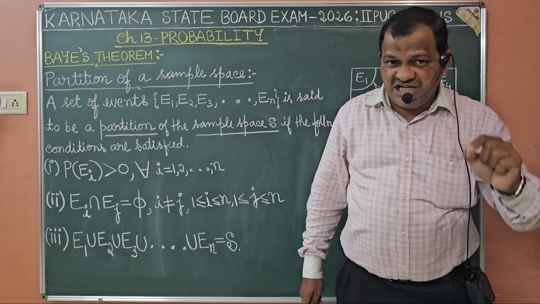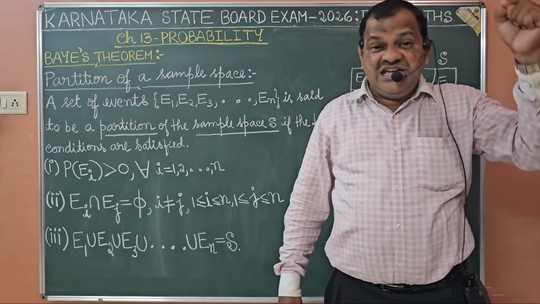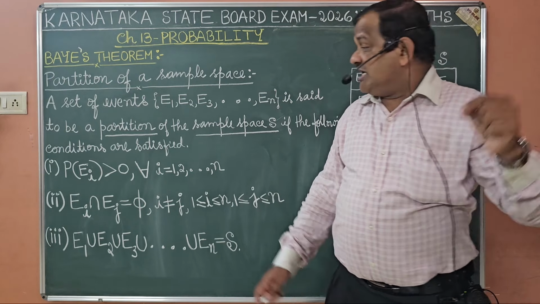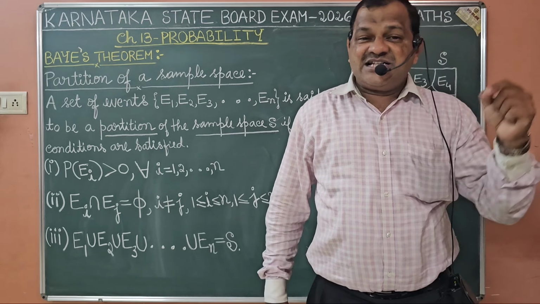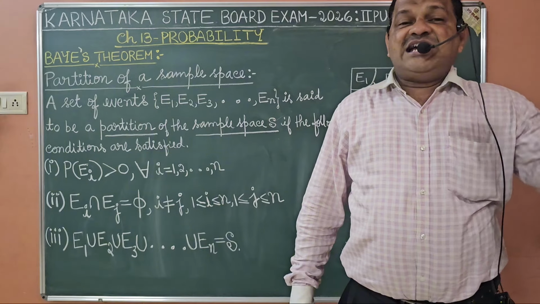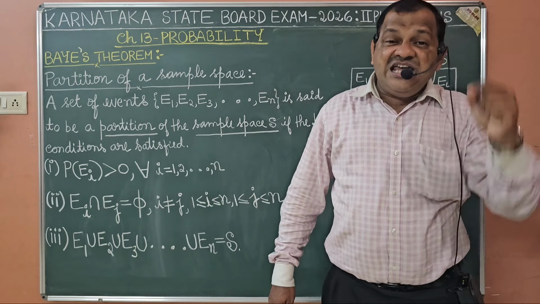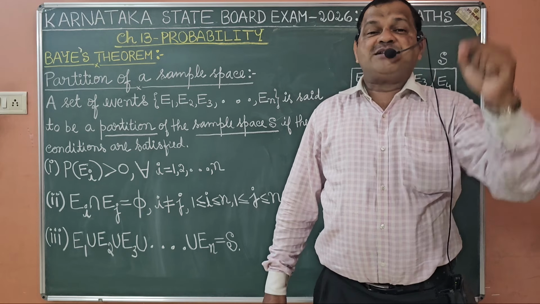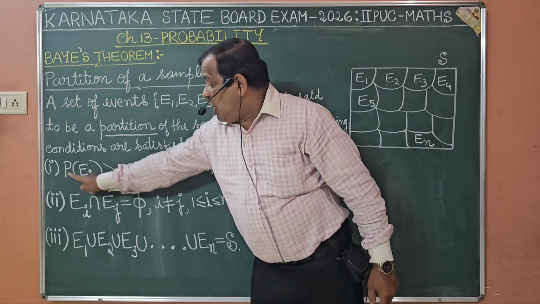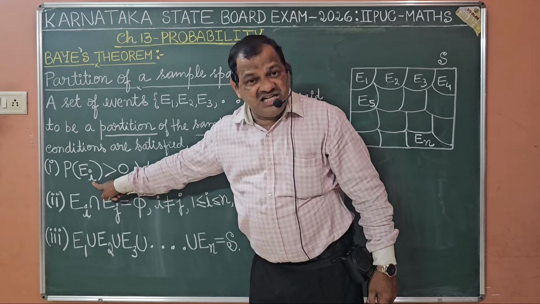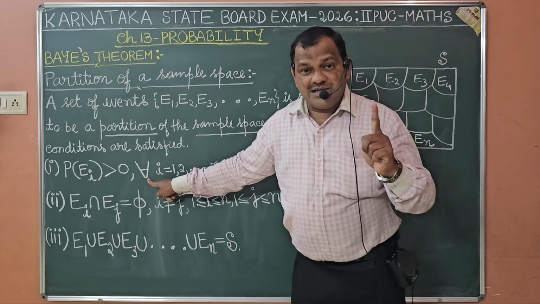I'll explain the conditions. The probability of occurrence of each event should be greater than 0. When we write mathematically something greater than 0, it means it is positive. I have written: probability of Ei greater than 0, for all i.